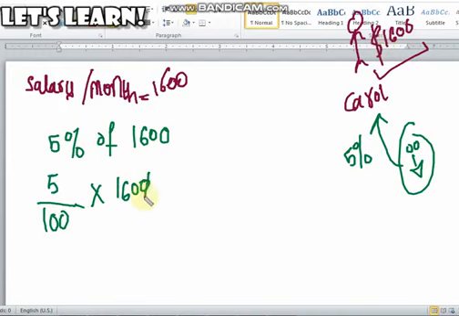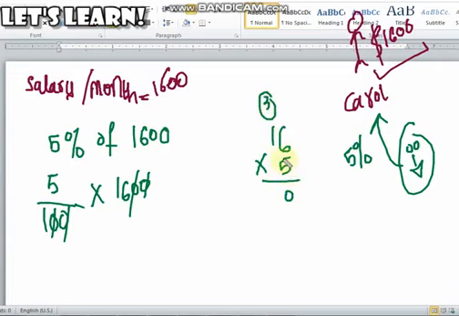ऑलराइट, सो ज़ीरोज़ एंड ज़ीरोज़ कट, zeros and zeros cut. We are left out with 5 and 16. If we multiply 16 5s are 5 6 are is 30, 0 comes down, 3 goes up, 5 1s are is 5 plus 3 is 8.